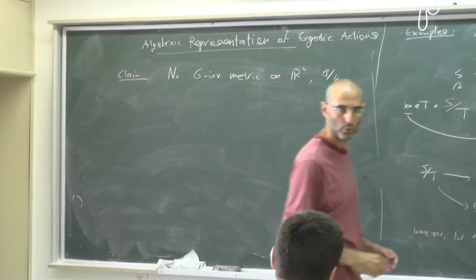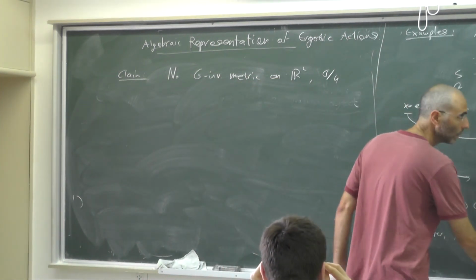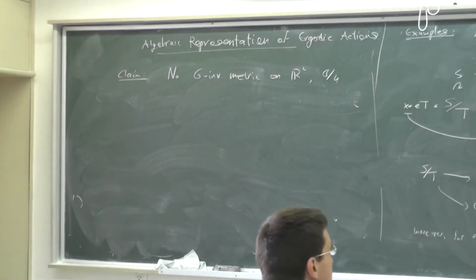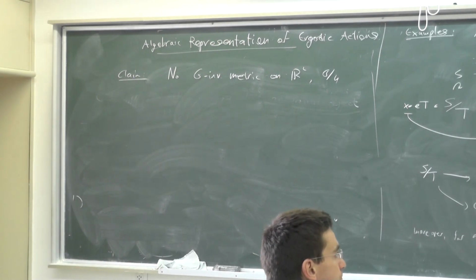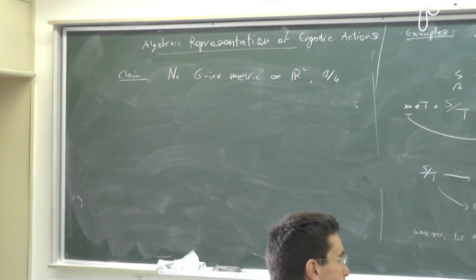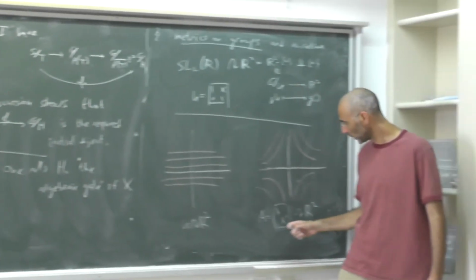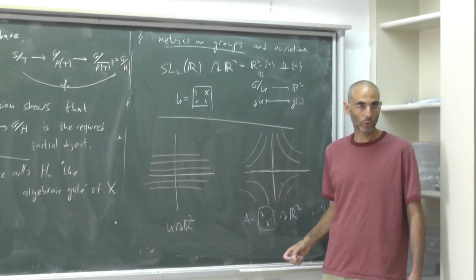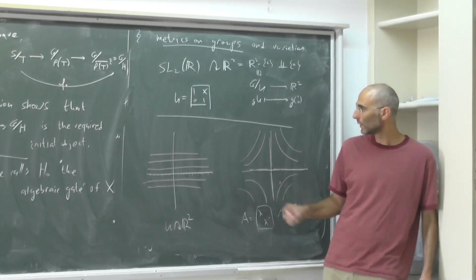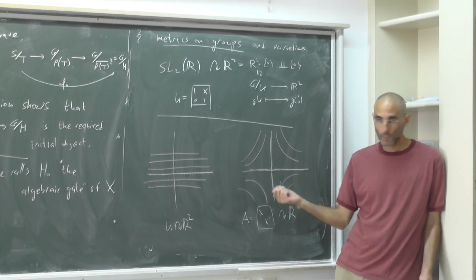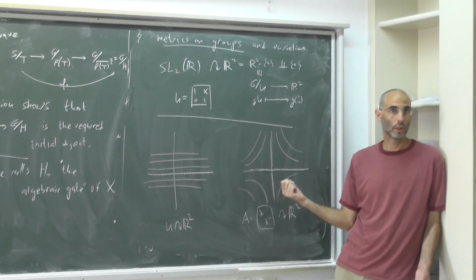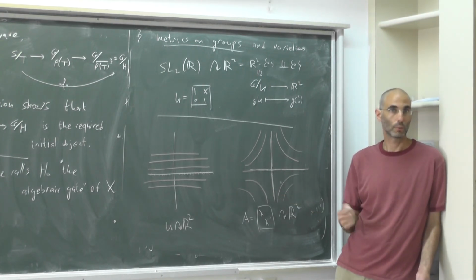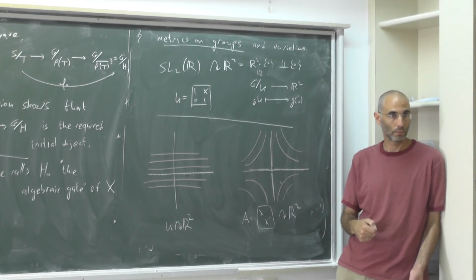I will not write it out, I will explain it by looking at this picture. So assume you have on R2 a G-invariant metric. In particular, it is invariant under U and invariant under A, right? I want to explain for you that the distance between every two points will be arbitrarily small, smaller than epsilon for every epsilon. And this for every two points. Okay?